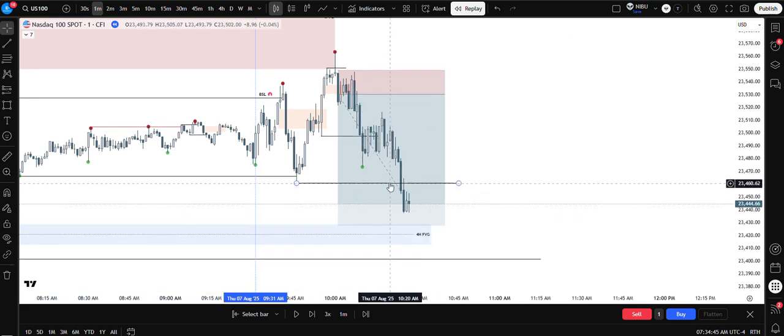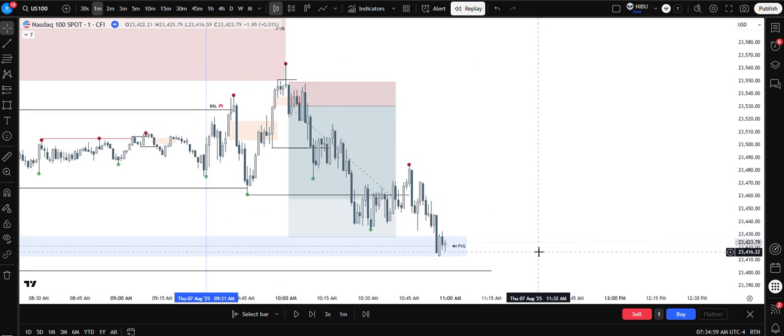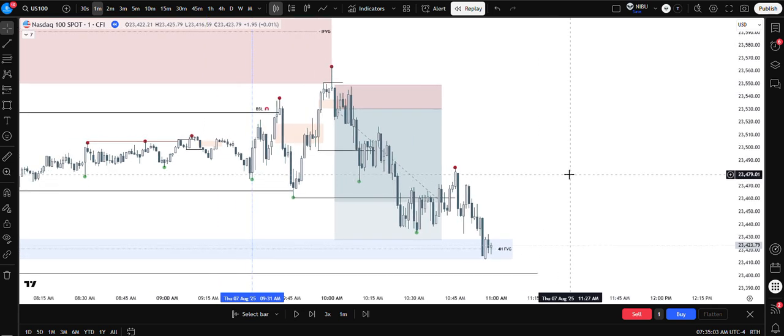You can take some partial here. See, target here. That's all. This was a simple trade, a textbook example.